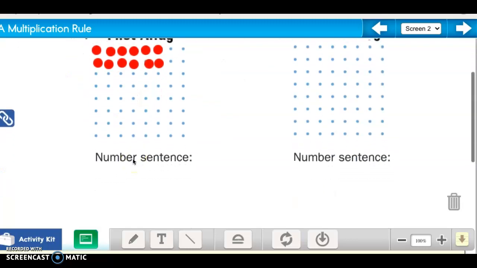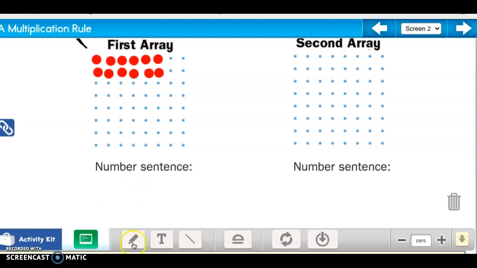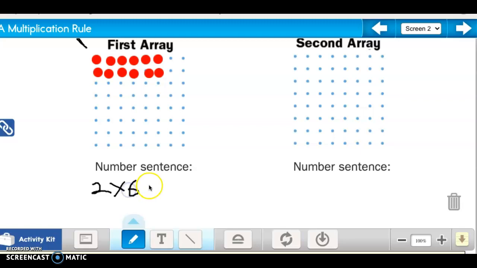So our number sentence down here, now I'll write that down, is 2 rows times 6. How many dots do we have up there? You can count by 2s 6 times, or you can count the dots. If you did that correctly, you should have gotten 12.